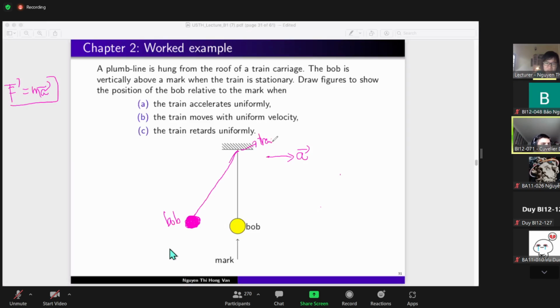When this point is moving, this one still doesn't move. So this one is moving, and this still wants to stay. That is why it's later than this guy. So it moves, but in a delayed way.